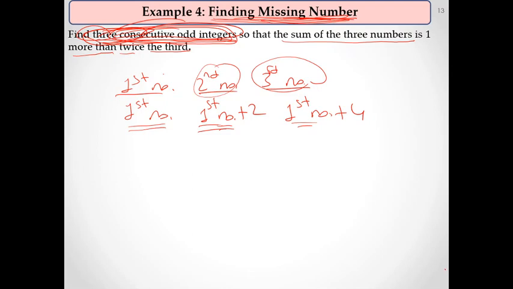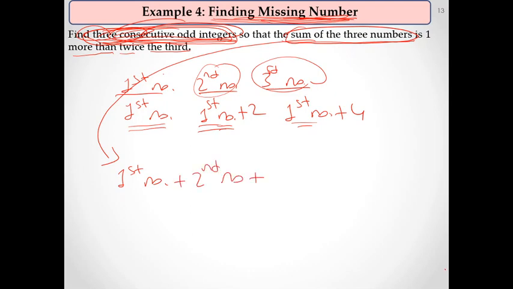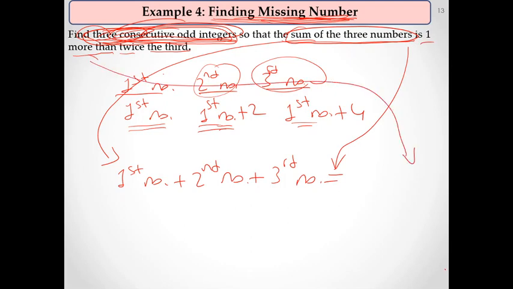The second thing is the sum of the three numbers, so the first number plus the second number plus the third number. It's one more than twice the third.